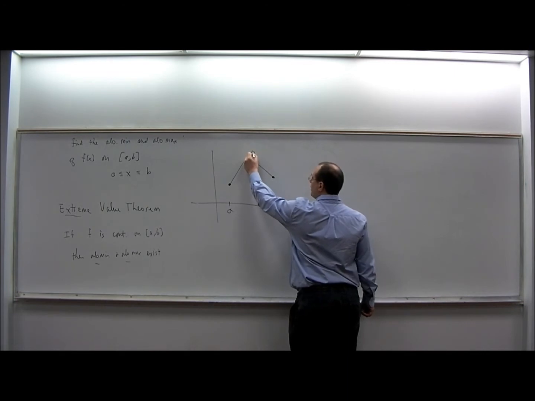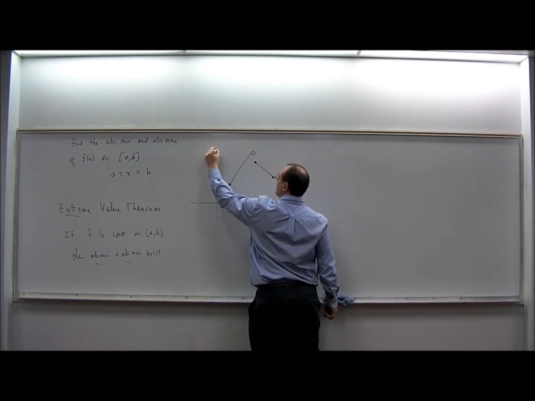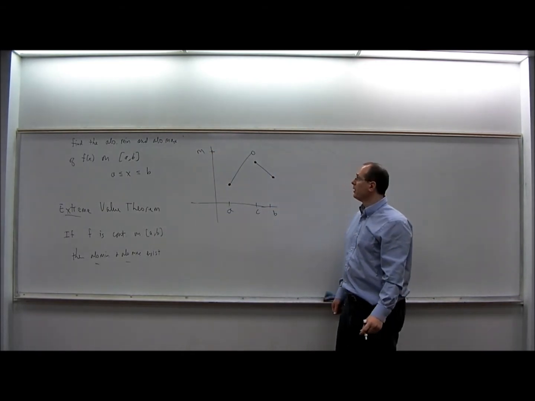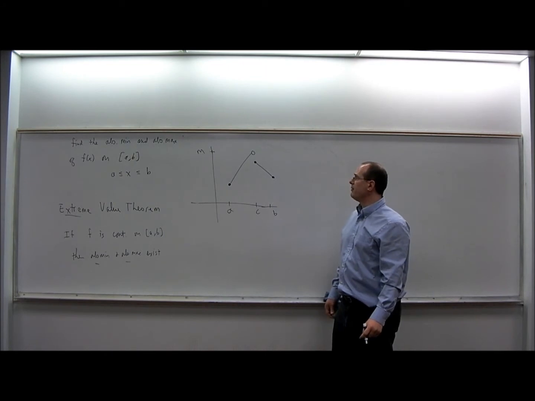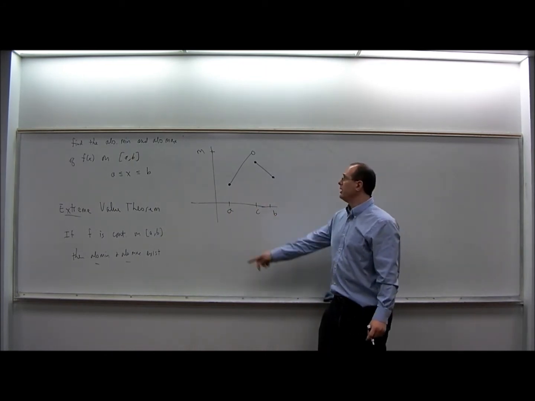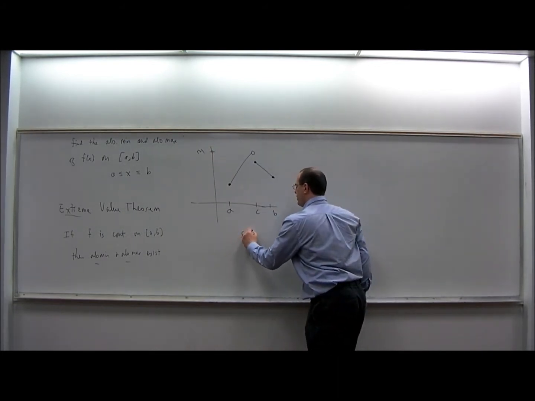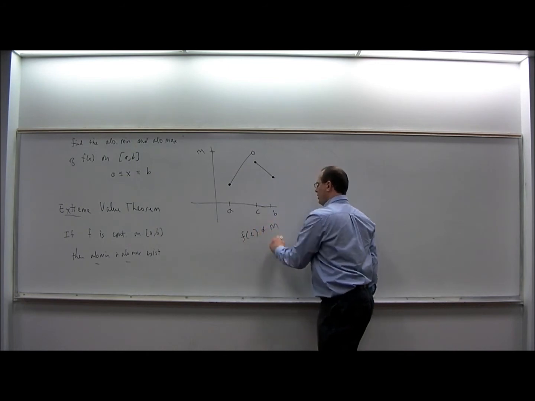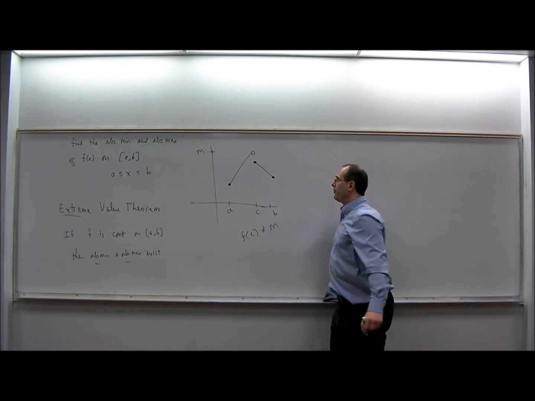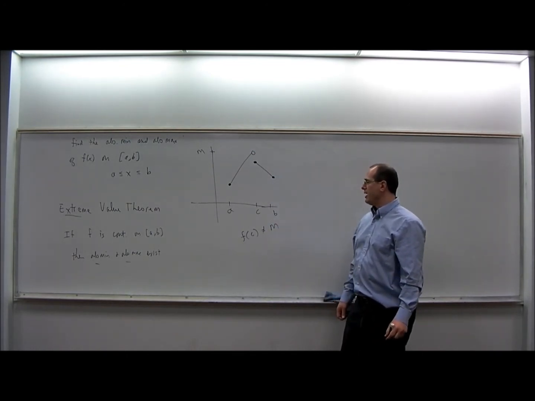So let's say that the jump discontinuity happens here at x equals c, and let's suppose that the height of the open circle is capital M. So I would like to say that the maximum value of the function over the closed interval from a to b is M. I would like to say that, but it is not true that f of c is equal to M. F of c is not equal to M because of the circle here that is filled in. F of c is actually less than M.